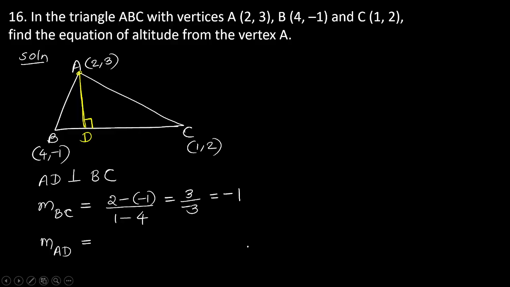If we have two perpendicular lines, the slope of the second line will be -1 by the slope of the first line, that is -1 by m1. So the slope of the altitude AD will be equal to 1. Slope of the altitude AD is 1. Understood?